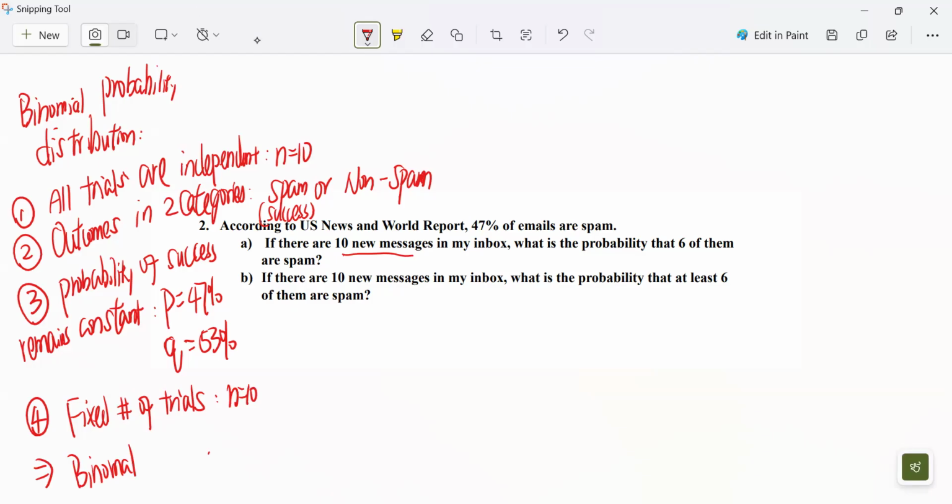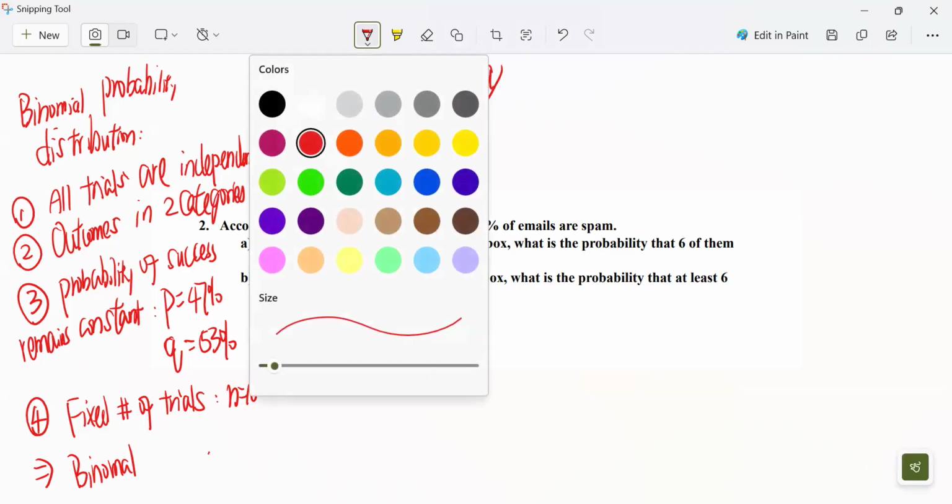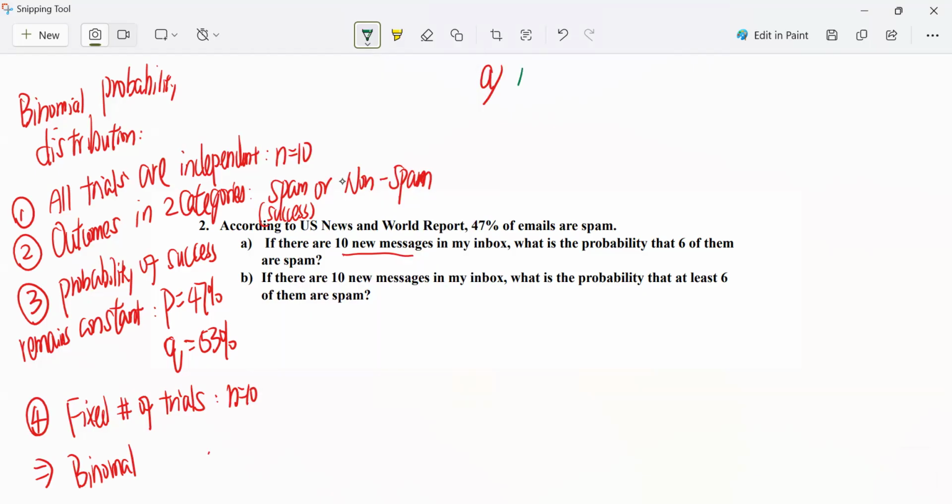So for part A, we are looking for exactly six of them being spam email. N equals 10, P success is 0.47, Q is 0.53, and X here is six successes.